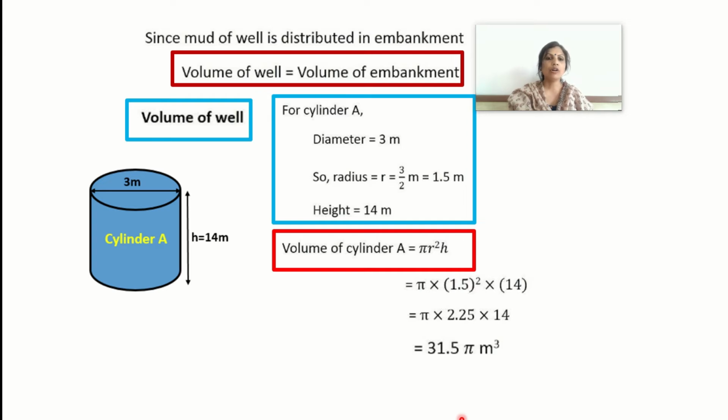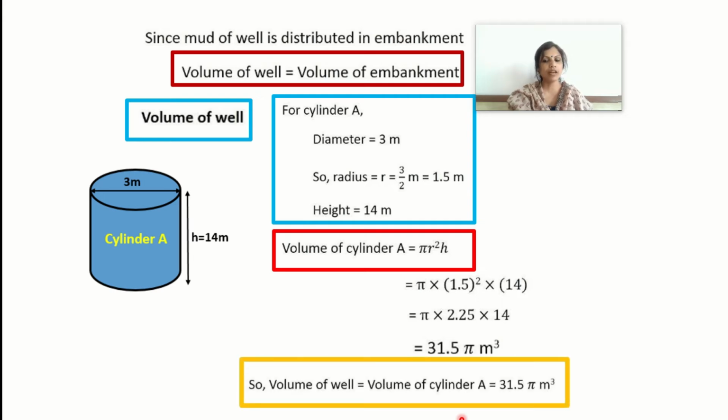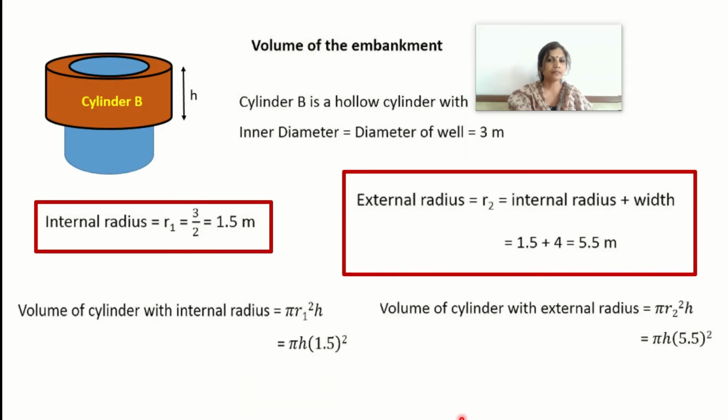So we got volume of well as 31.5 pi meter cube. Alright, so volume of well is volume of cylinder, which will be 31.5 pi meter cube. Now let's find volume of embankment.